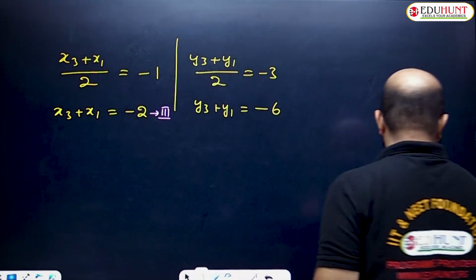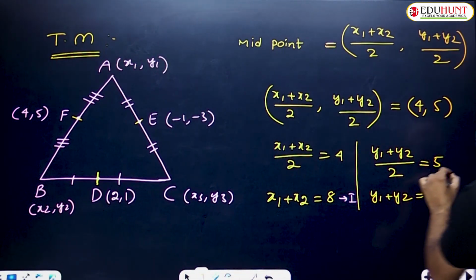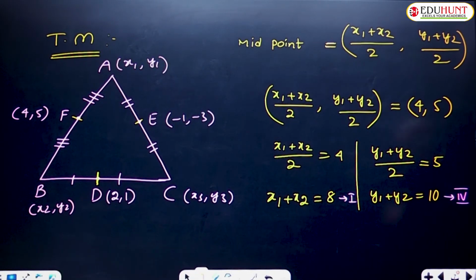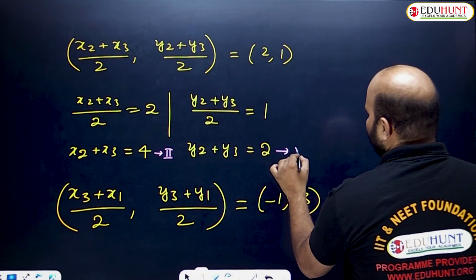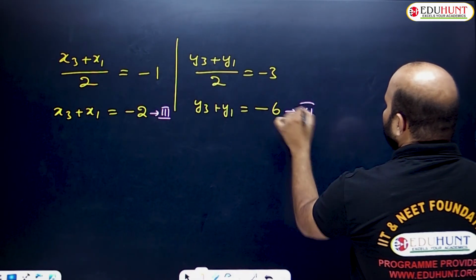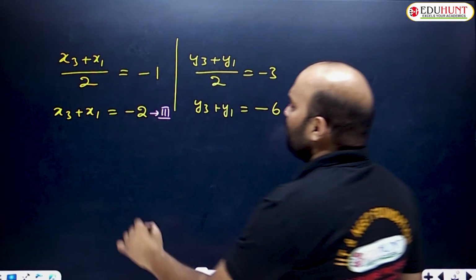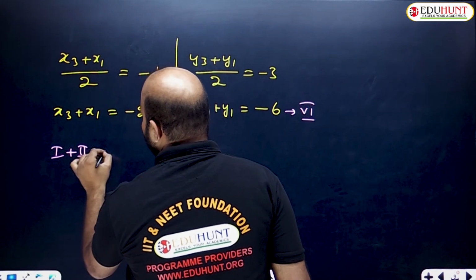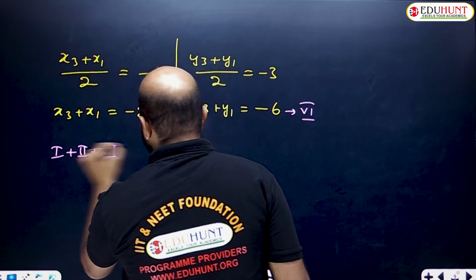Those are the x terms. What are the y terms? It will be considered as equation 4. The next one is equation 5, and the last one is equation 6. So we can add equation 1 plus 2 plus 3 from the left side.